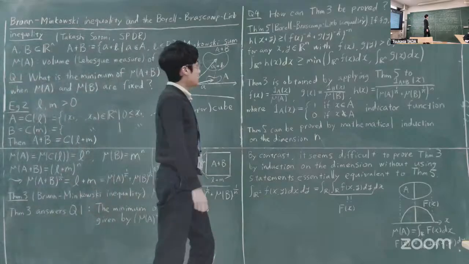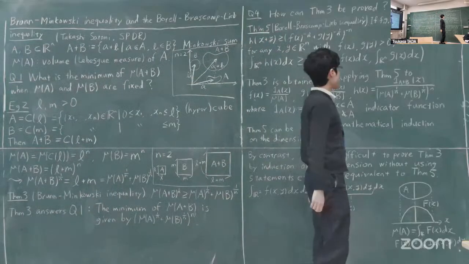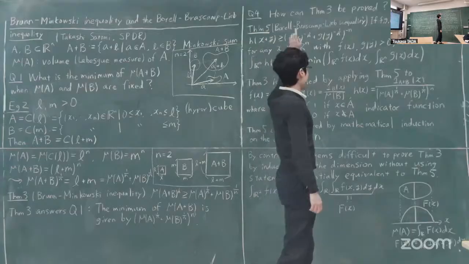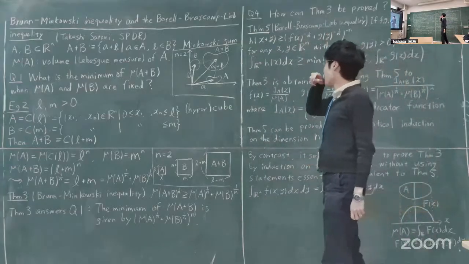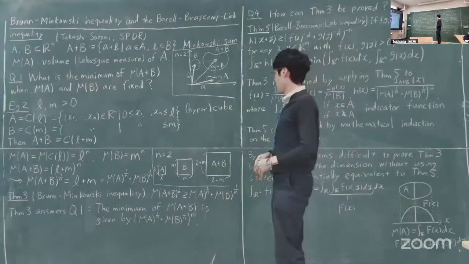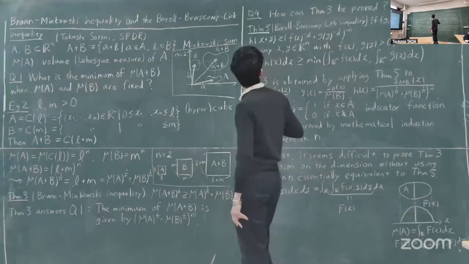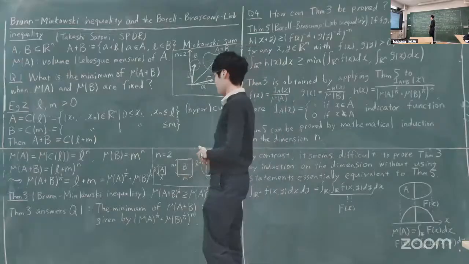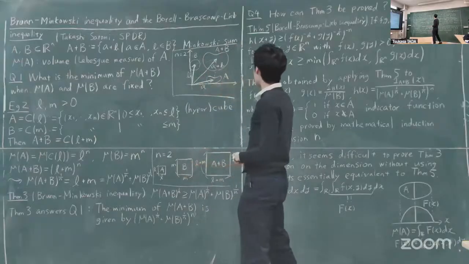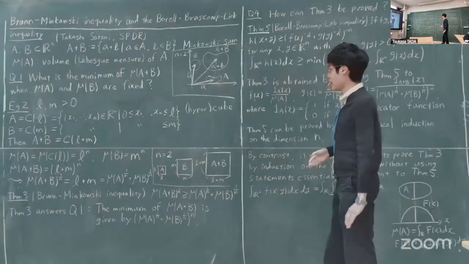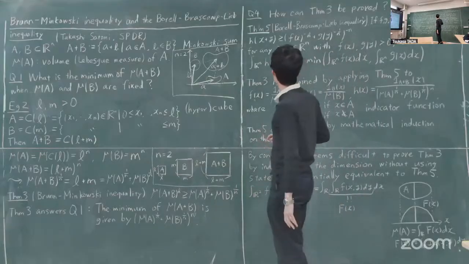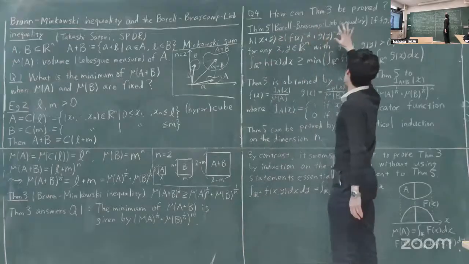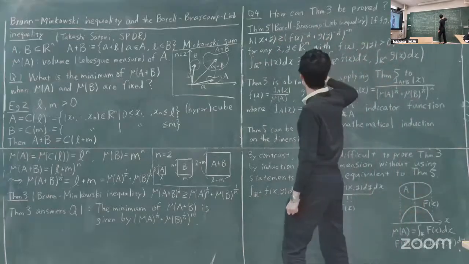And next, we consider the following question. How can the Brunn-Minkowski inequality be proved? There are many known proofs of the Brunn-Minkowski inequality. In this talk, we discuss the proof based on the Borell-Brascamp-Lieb inequality. This is the statement.